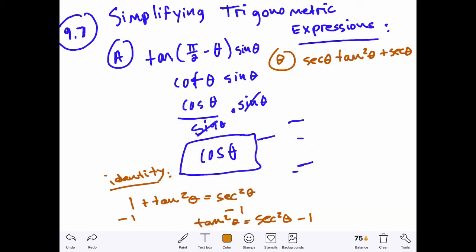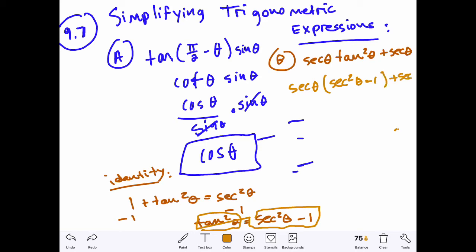So what I can do now is take what tangent squared theta equals and substitute this in for it in my expression up here. Well, let's do that. Secant of theta, and instead of tangent squared, I'm going to plug in now secant squared theta minus 1 plus secant of theta.